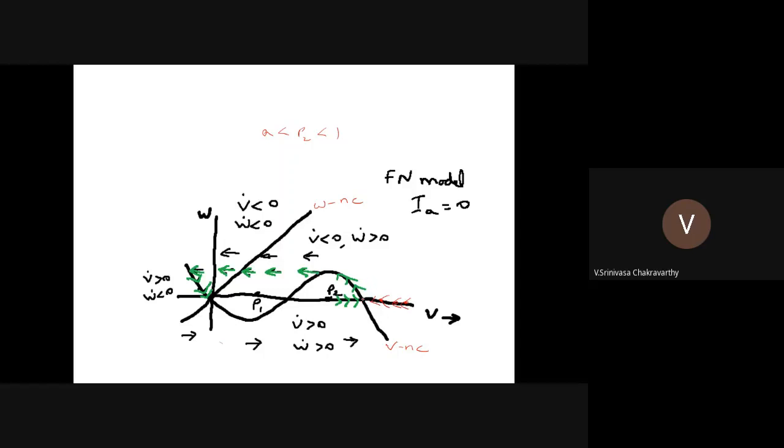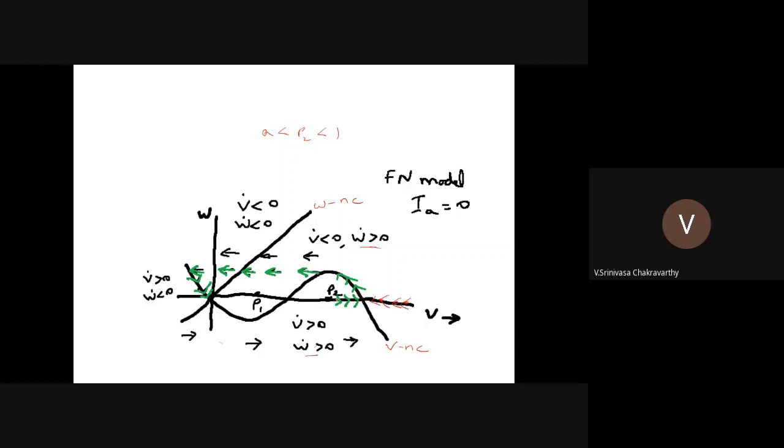So when you are on the V null plane, that is when W dot starts acting significantly, because V dot is completely suppressed. Here you are below the W null plane, so W dot is positive. So when you are here, W dot will be pushing you upwards.